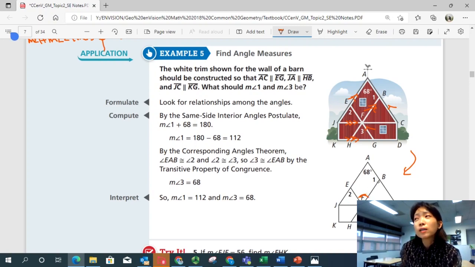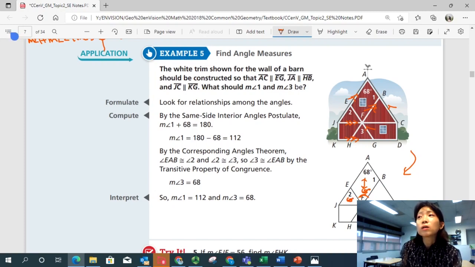And because these two lines are parallel, 1 and 68 are same side interior angles, so they're supplementary to each other as well. That means these two angles must be congruent because they're both supplementary to the same angle 1. So guess what? This is also 68, and 2 is 68 as well.